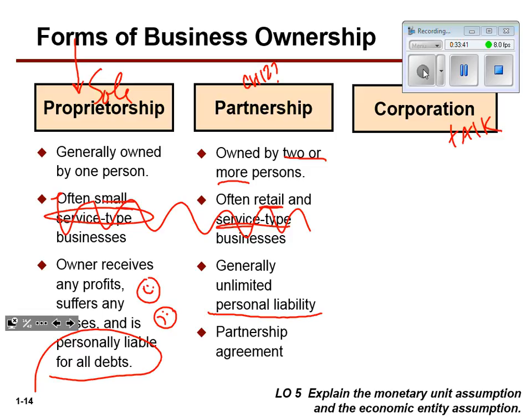But what you need to know about this, before these 2 or more people are going to actually form a partnership, they better sit down in a legal environment and draft what's called a partnership agreement, a contract, if you will. If Ira and I go into a business together, we better get a plan. Are we a 50-50 business?